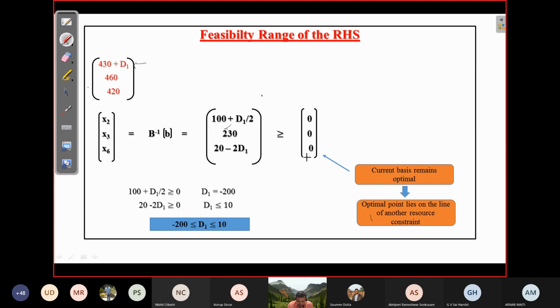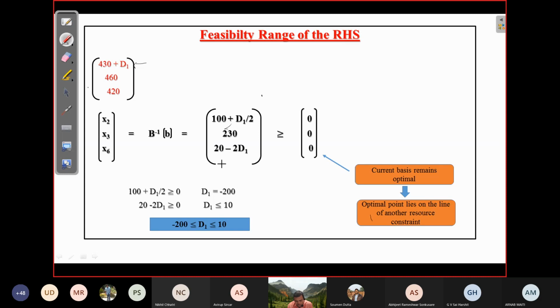And when you break down these conditions, you will see that D1 is coming between minus 200 to 10. What does it mean? If you increase the capacity of operation 1 by up to 10 units, the current basis remains optimal. Similarly, if you decrease it by up to 200 units, the current basis remains optimal.